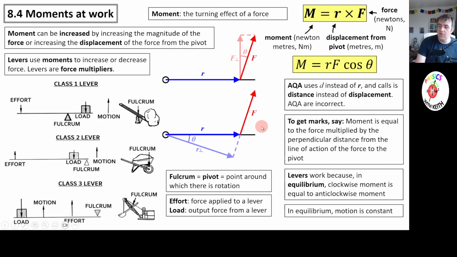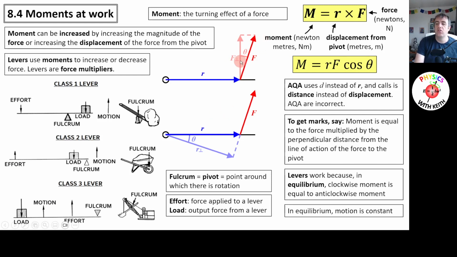Now, you can convince yourself by drawing various diagrams and making measurements, or just considering similar triangles, that theta, the angle between the perpendicular component of F, that's the component of F perpendicular to R, and F, theta is the same as this theta down here, the angle between R and the component of R perpendicular to the line of action of the force F. So those two angles are the same.